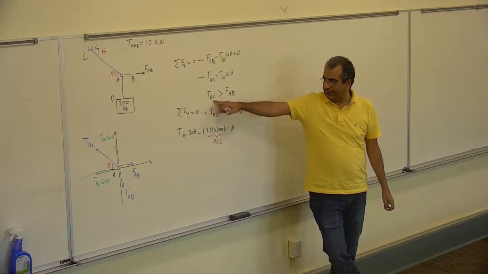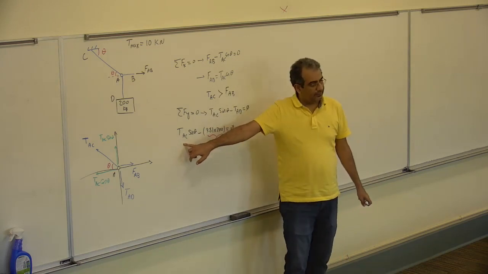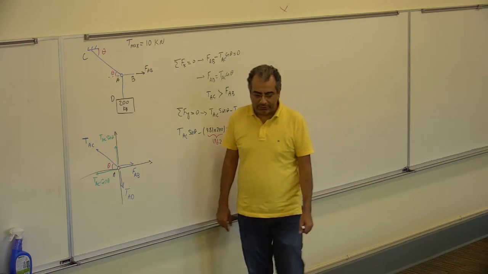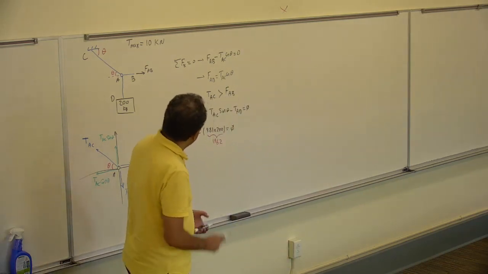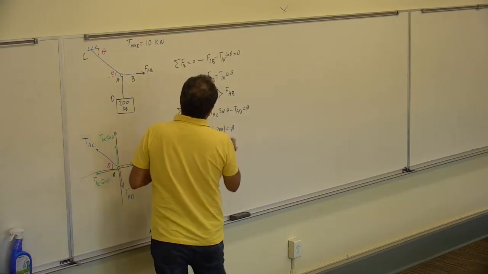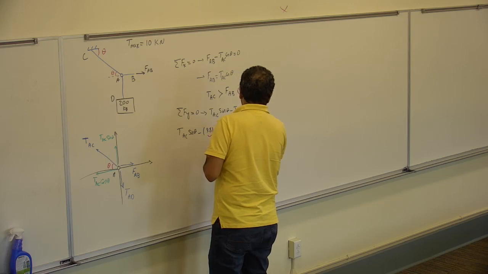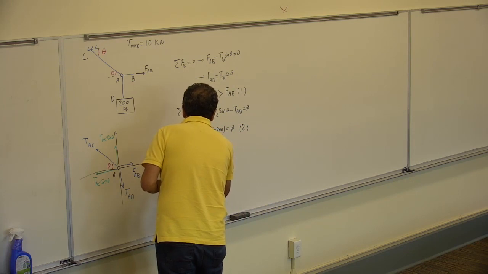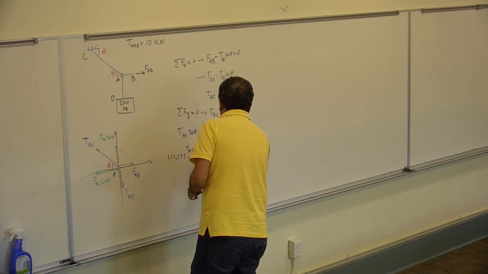So if this is 10 kilonewton, I can put it in that equation. So I can go ahead and say, first is 1, this is 1, and this is 2. And then second, 1 and 2, I would say that TAC should be 10 kilonewton.